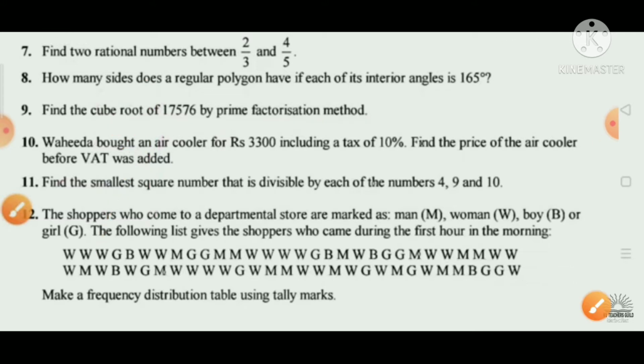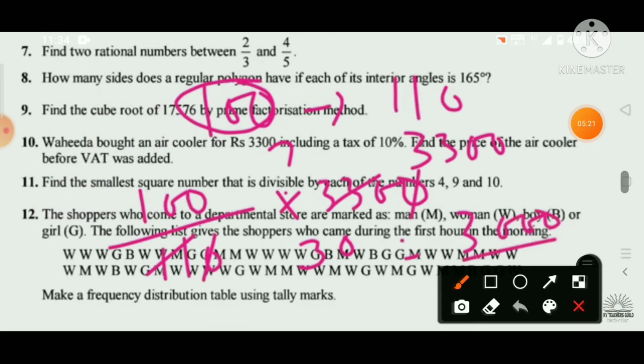The next question is: Vaniba bought an air cooler. Its price is 3,300 rupees including tax of 10%. Find the price of the air cooler before VAT was added. First, that is 100%.